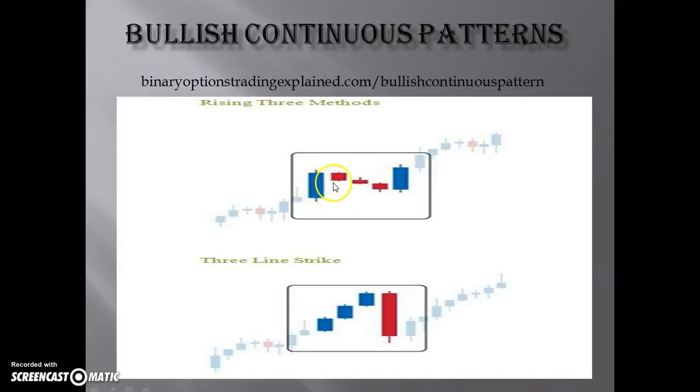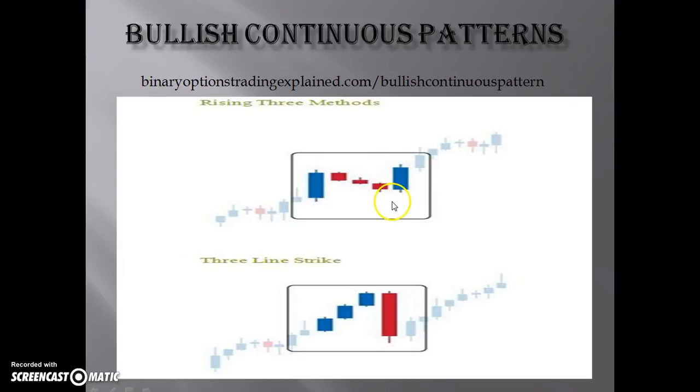A bullish candlestick forms first, followed by a bearish candlestick, which closes within the body of the first bullish candlestick, followed by another bearish candlestick, which also closes within the body of the first bullish candlestick, followed by another bearish one, which also opens and closes within the body of the first bullish candlestick, which is finally followed by a bullish candlestick, which opens and closes above these three bearish candlesticks, and even sometimes above the first bullish candlestick as well. This is the rising three methods.